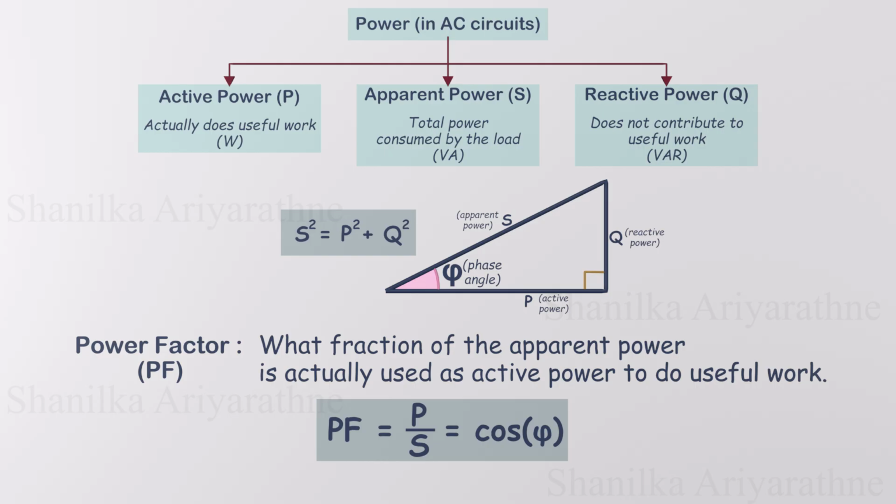This relationship between power factor and phase angle gives us a powerful tool for calculations. You only need to know two of these quantities to find the others. Whether you have the power factor, active power, reactive power, or apparent power, any two will allow you to calculate the remaining values.